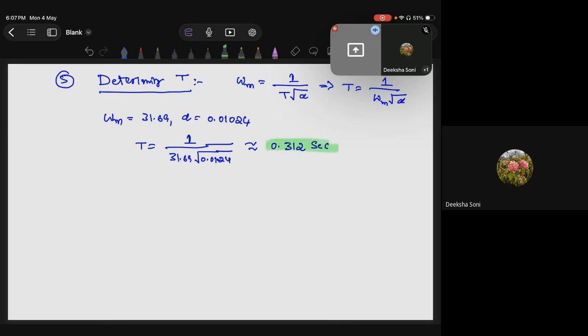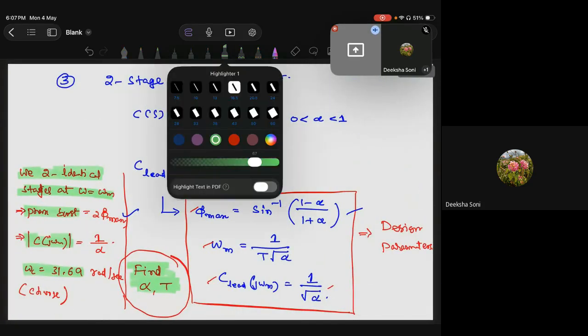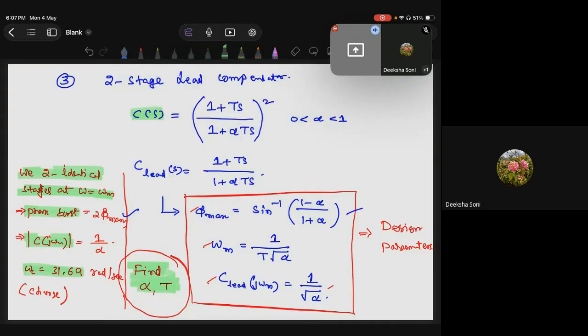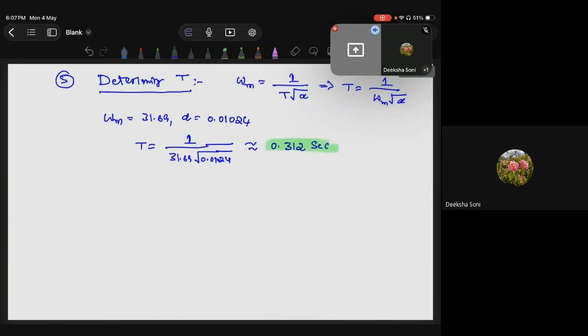You got T, you got alpha. Now the compensator, this C of S, where we can find the zero and the pole.